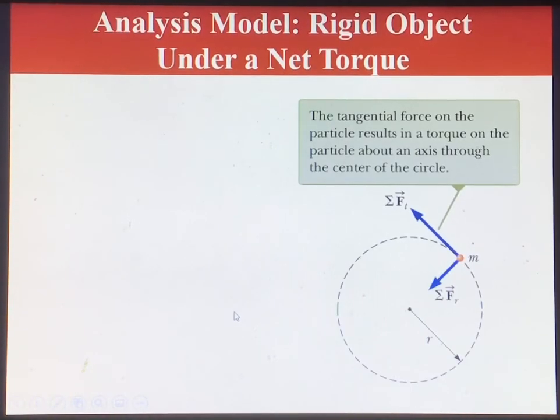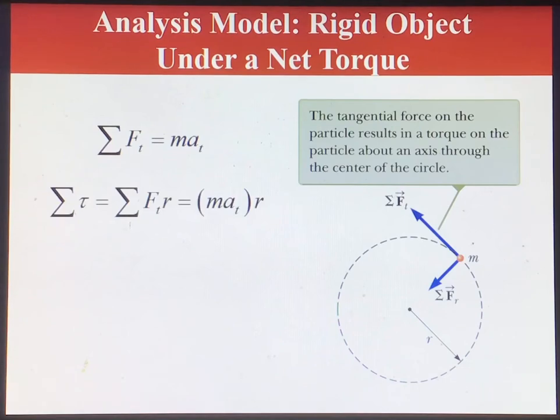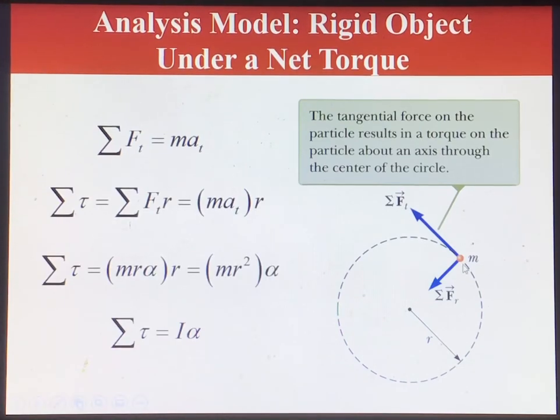All right. Now we're going to start talking about analysis of a rigid object under a net torque. Basically, if you have a mass that is moving in a circle, and the distance from here to here is r, we've already said that there are two types of acceleration.